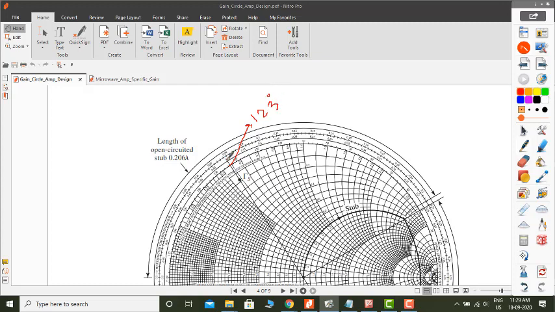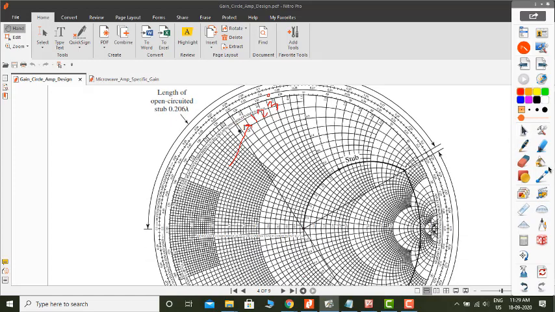Now you draw a straight line from the 123 degree point on the Smith chart to the center of the Smith chart, and also extend the line in the opposite direction.